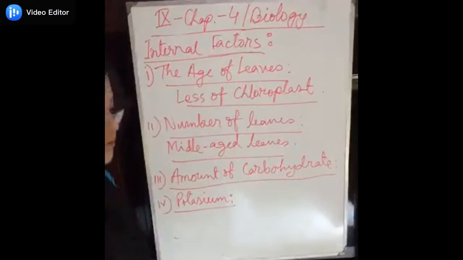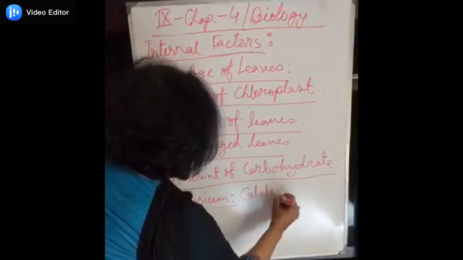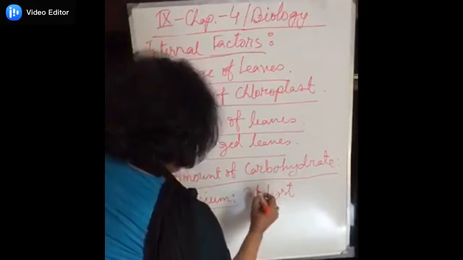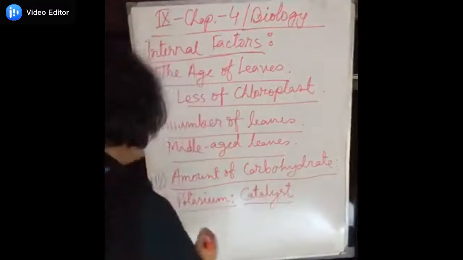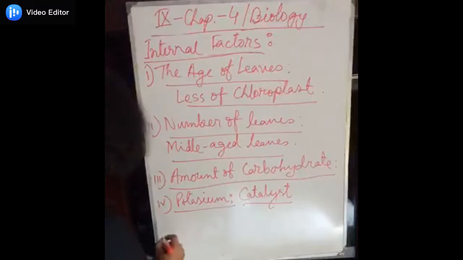When the photosynthesis process is going on, the presence of potassium increases the rate of photosynthesis. And you know what a catalyst is? A catalyst is a chemical substance which takes part in some chemical reactions, but without being used up. So the optimum level should be present there.